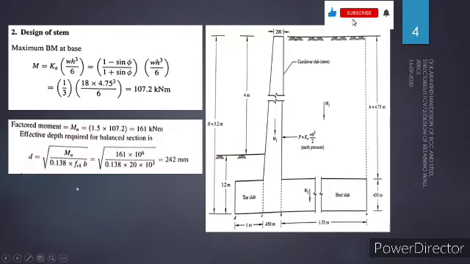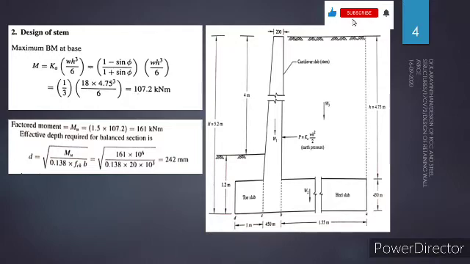Okay, let us check for the depth here. If you want to proceed with any structure, you should check the depth which is provided. So let us check. Mu here, what we got is 161 kilonewton meter, into 10 power 6 in terms of Newton mm. fck is the characteristic compressive strength of concrete, which is given as 20, and b, for all the structures we will be designing for 1 meter width, which is 1000 mm.